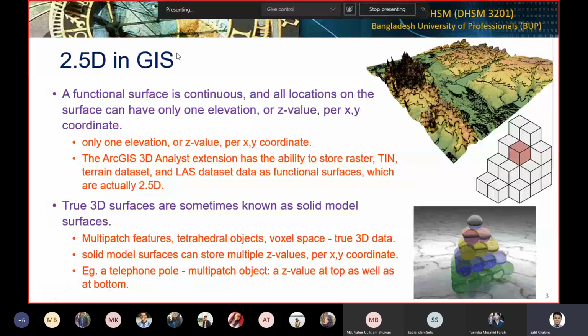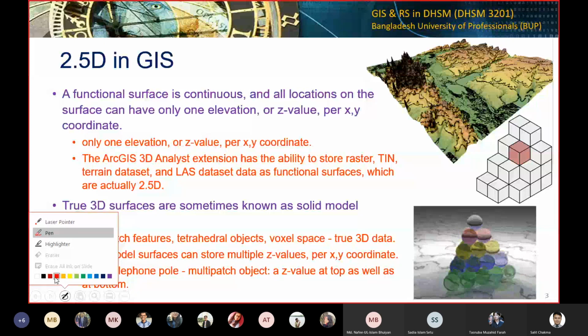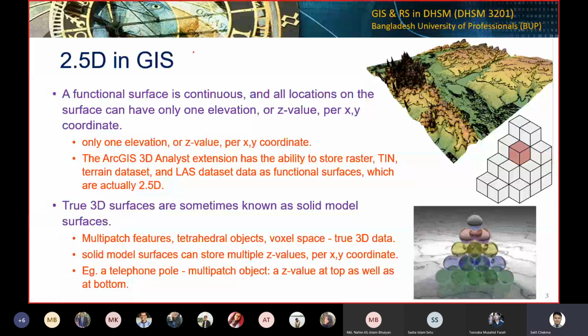Don't forget this. There are DSM, DTM, and DEM. D stands for digital, M stands for model.